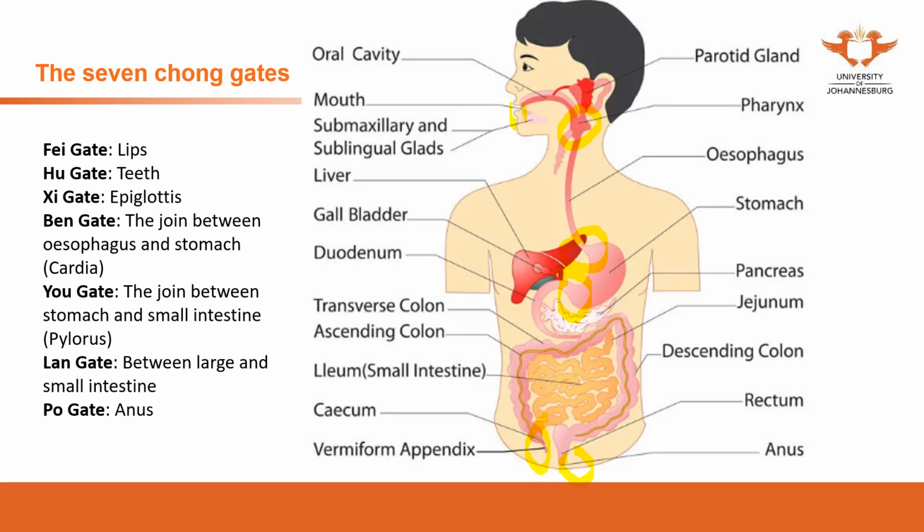So as you can see, these different gates from Nanjing, from the early anatomy, show that our ancestors, the early practitioners at that time, already knew the differences in our digestive system. The whole system is not the same.